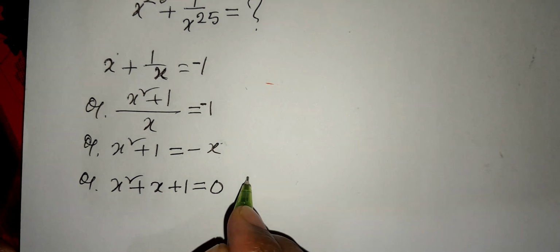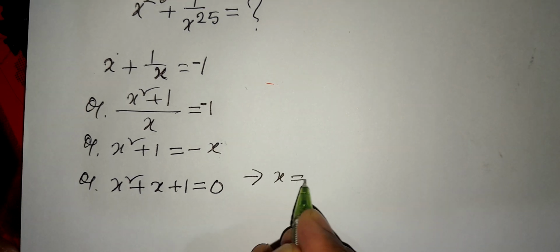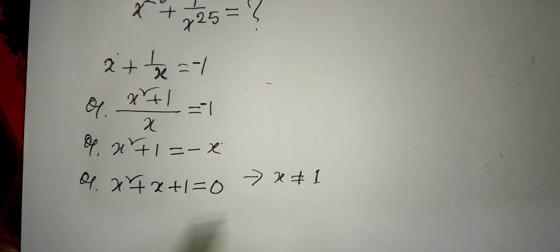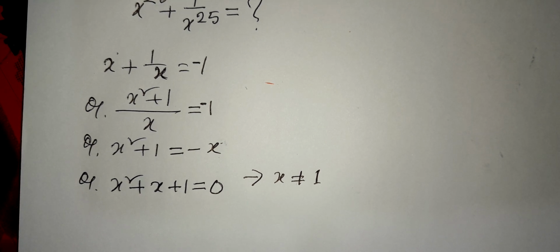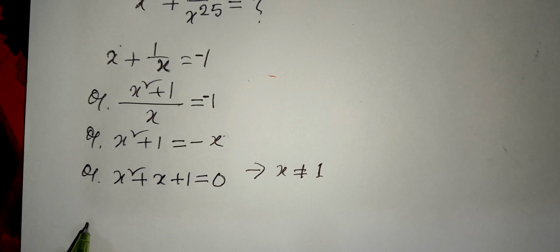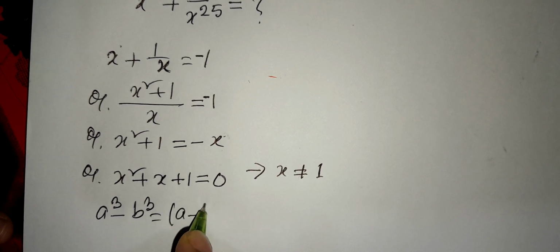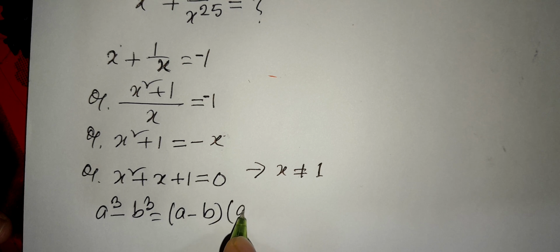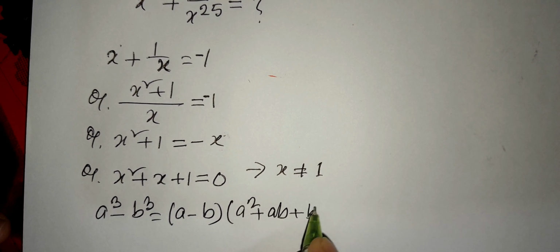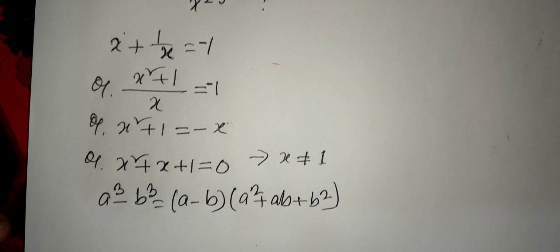Here x not equal to 1. Then we can write, we know a famous formula, that a cube minus b cube equal to a minus b times a square plus ab plus b square.